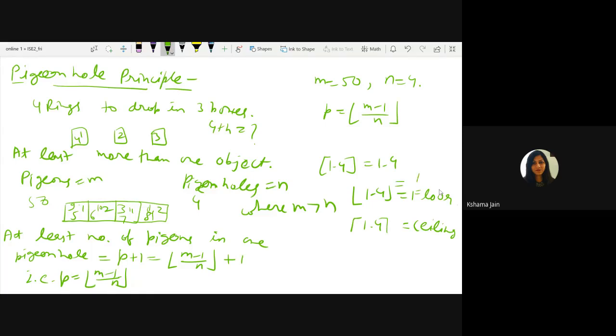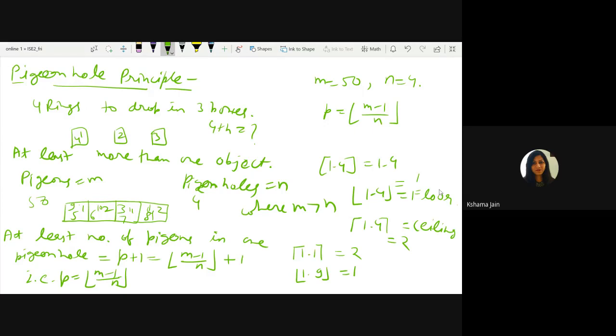And if it's a ceiling, it would be the next integer. So it doesn't matter even if I have 1.1 with ceiling. Here I should not be rounding off to just 0.1 now. I should take 1. But if ceiling is there, then I should take the next integer, that is 2. And if it is, for example, 1.9, even then if I take floor I will have to take 1.